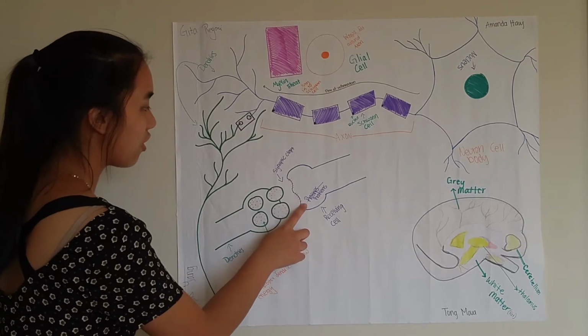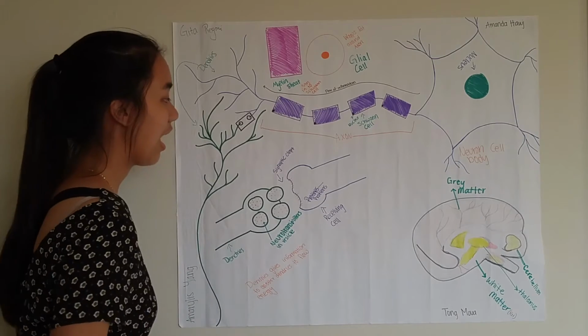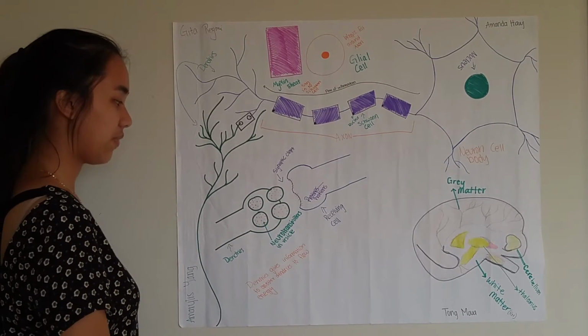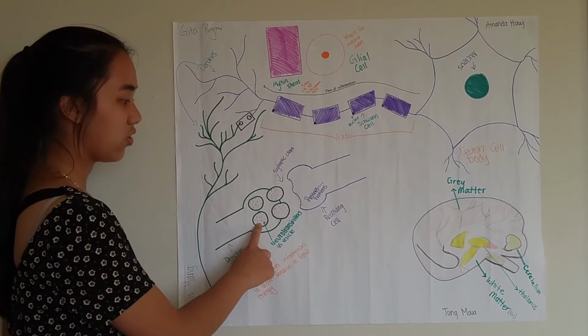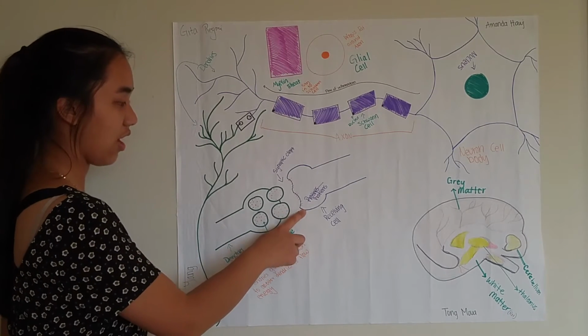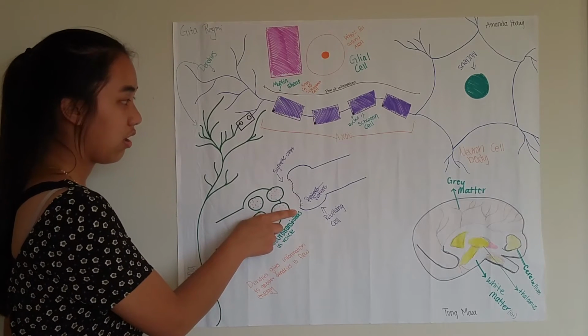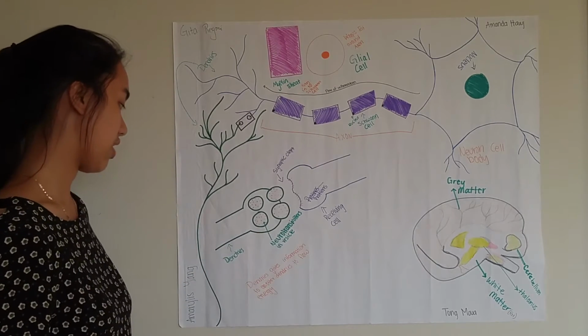And in this receiving neuron, there's a space in between the two dendrites, and this is called the synaptic cleft. During this process, the neurotransmitters are released from the vessels and are transferred over to the receiving cell. There are proteins on the outside of this dendrite which collect the neurotransmitters.